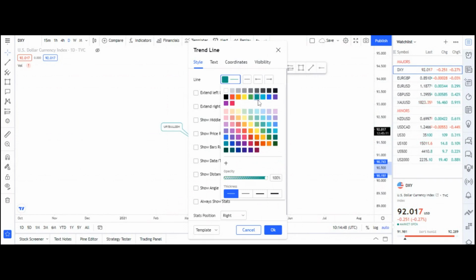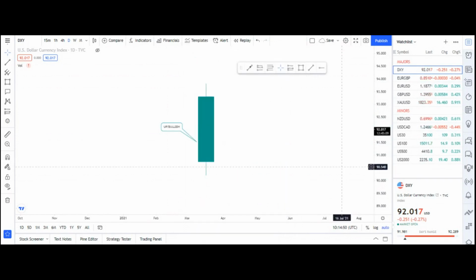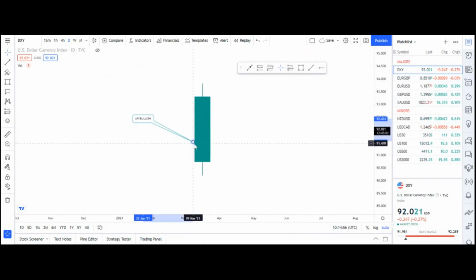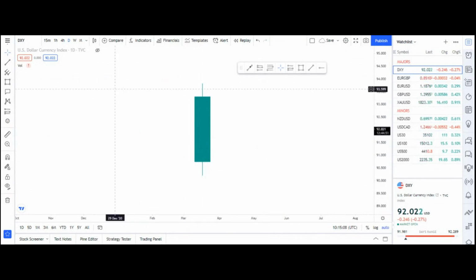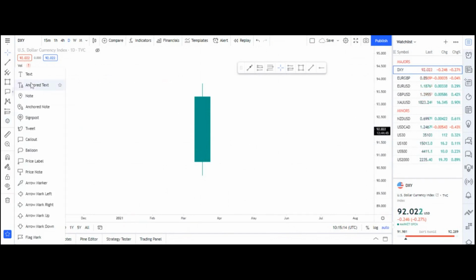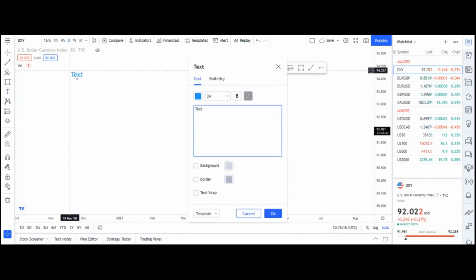Now, how does a candlestick form? A candlestick forms very easily. It's not difficult. A candlestick has components. So let's just take this candle as a bullish candlestick. Now, when we say how does a candlestick form, a candlestick has components, and these are the components. I'll type them out right here.